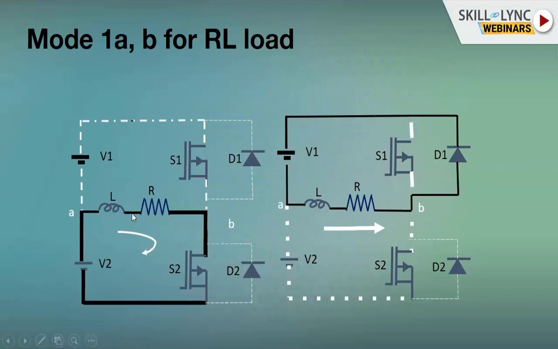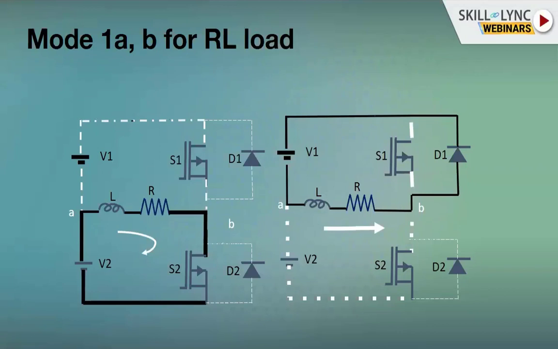So when the current tries to decrease, an opposite reaction happens. As per Newton's law, for every action there is an equal and opposite reaction. The action was the sudden stoppage of current. The reaction would be that the inductor opposes this cause, reverses the voltage and maintains the current in the same direction.